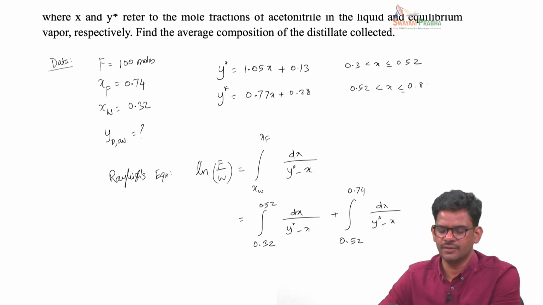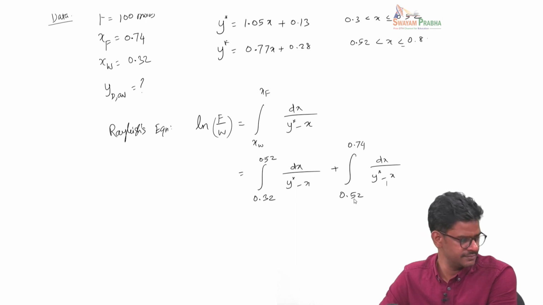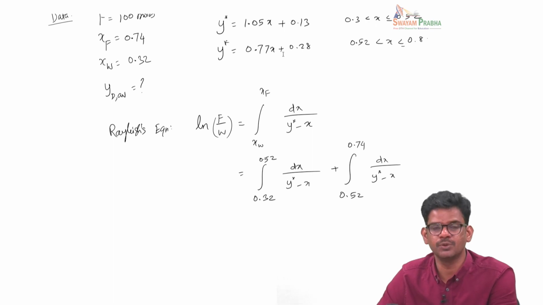The reason why we split this integral into two parts is that in the range from 0.32 to 0.52 we can use this equilibrium relationship, and for the other limit from 0.52 to 0.74 we can use the other equilibrium relationship.